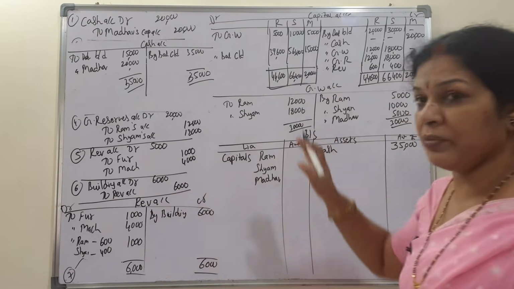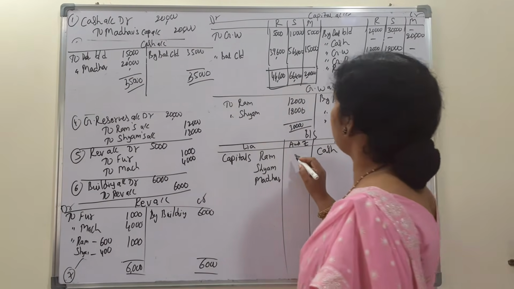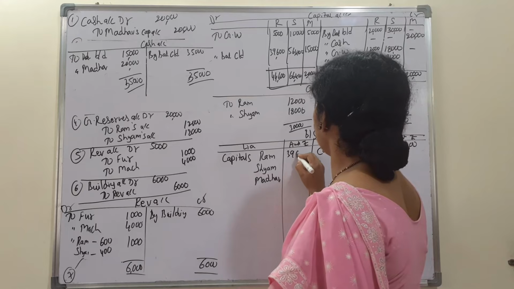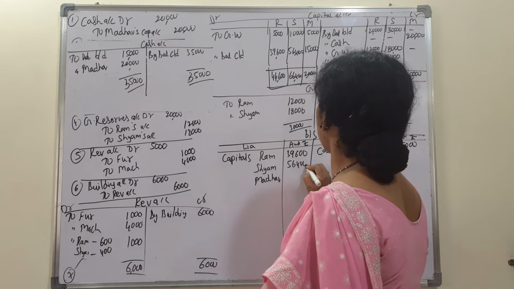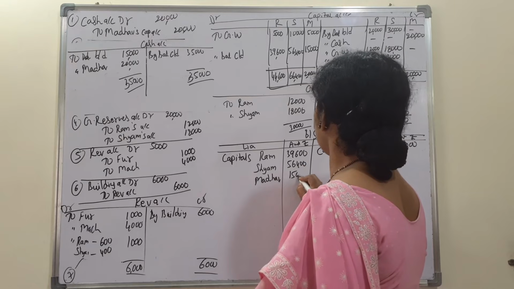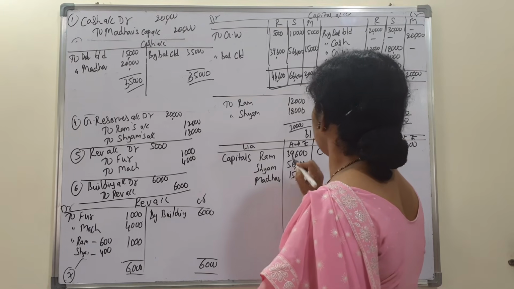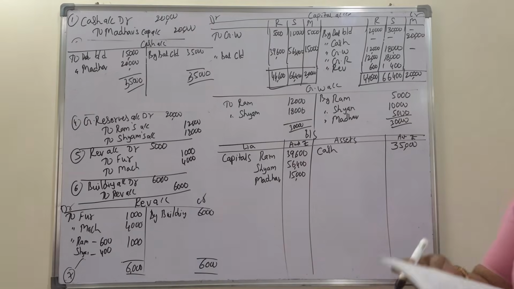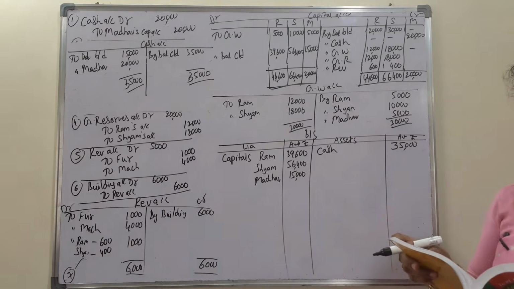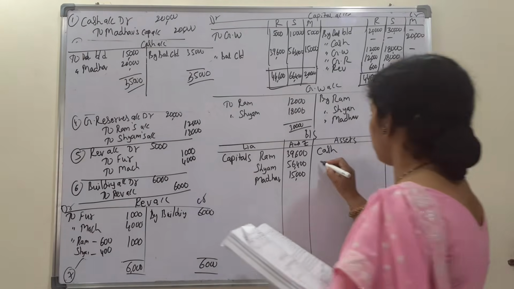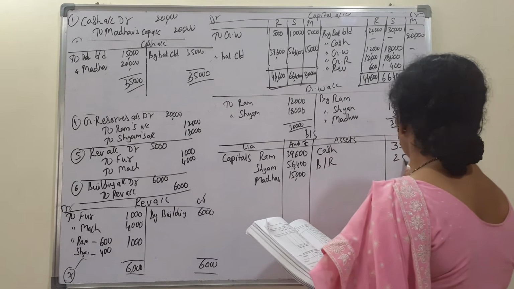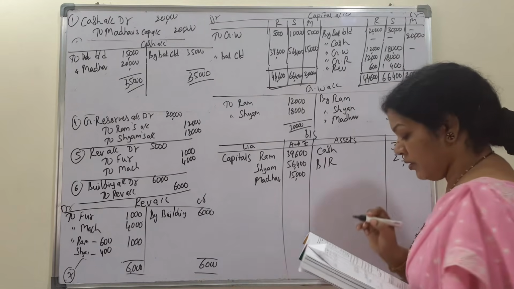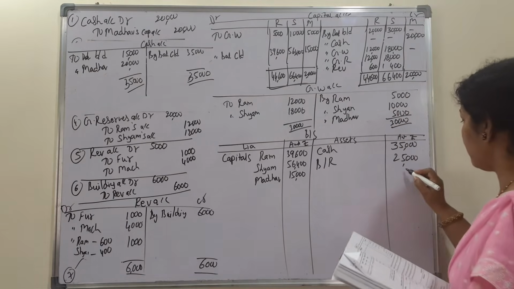Whatever we got, we are transferring 39,600, 56,400, 15,000. After this, we'll see the balance sheet. Bills receivable 25,000. Debtors 40,000.